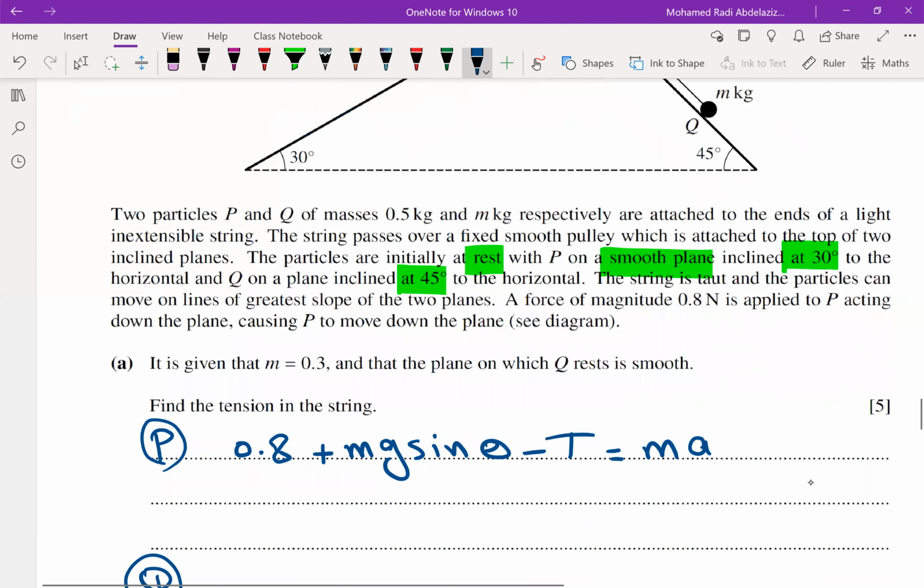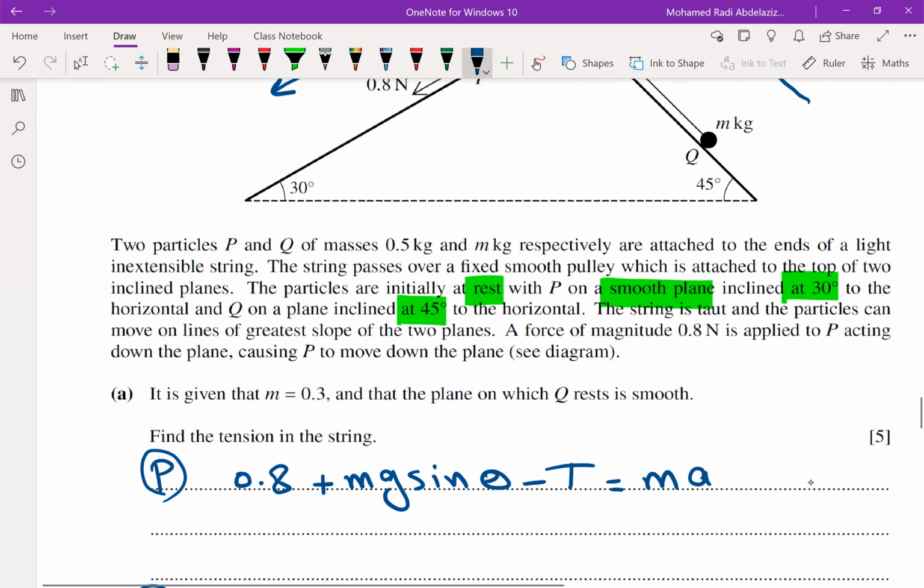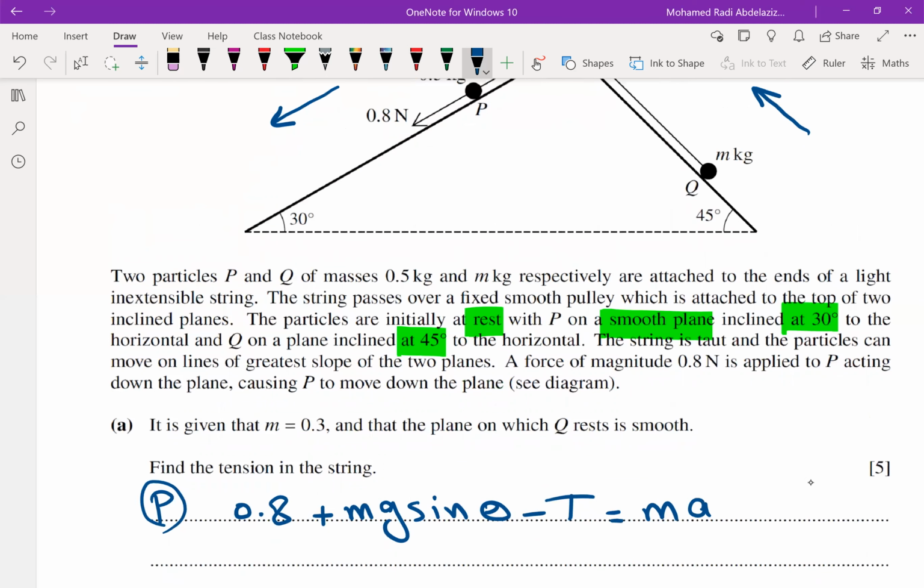It's smooth, so there is no friction force. Substituting the given information: 0.8 plus 0.5 multiplied by 10 multiplied by sine 30, minus tension, is equal to mass 0.5 multiplied by the acceleration.